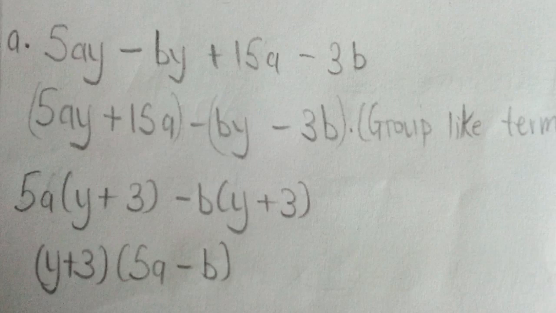In this, we group like terms. So the 5a turns out to be 5ay plus 15a, minus by minus 3b. We take them in pairs, and this will be factorization type 2. So we deal with the type 2 method.